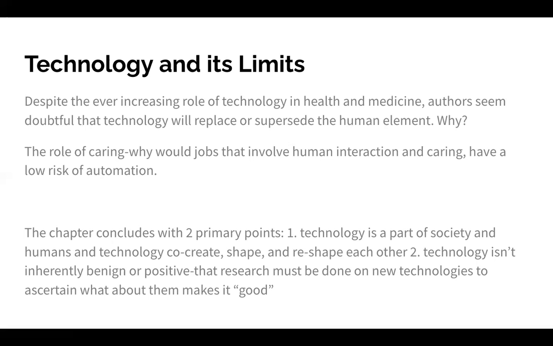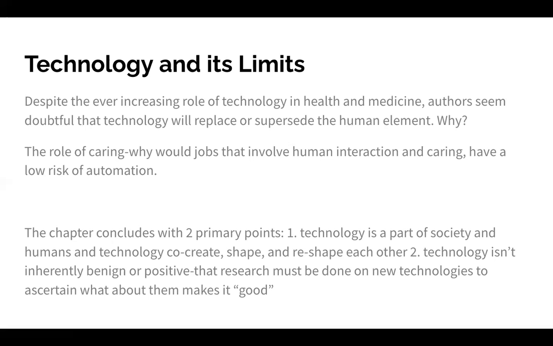First point: technology is a part of society, and humans and technology co-create, shape, and reshape each other. So basically, a restatement of that co-creationist approach. And then the second point: technology isn't inherently benign or positive, and research must be done on new technologies to ascertain what about them makes it good.